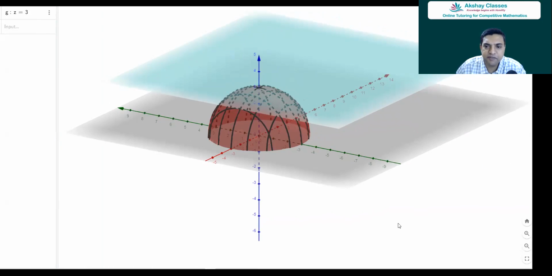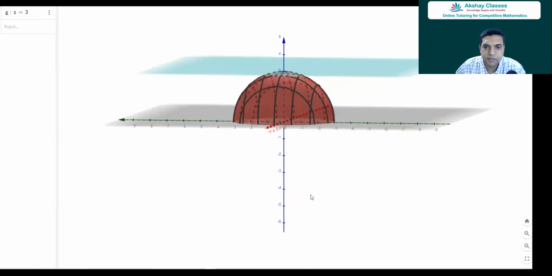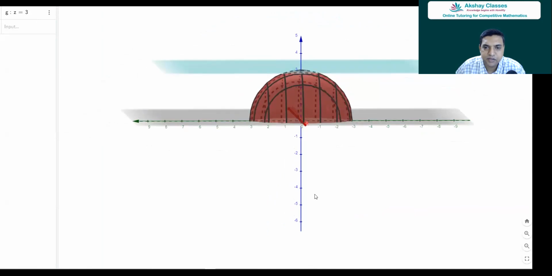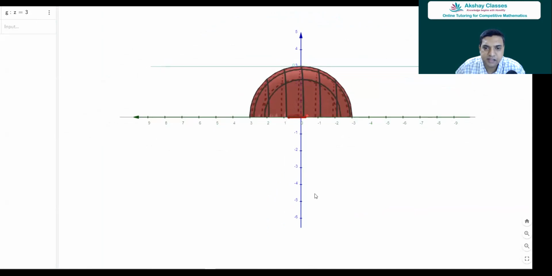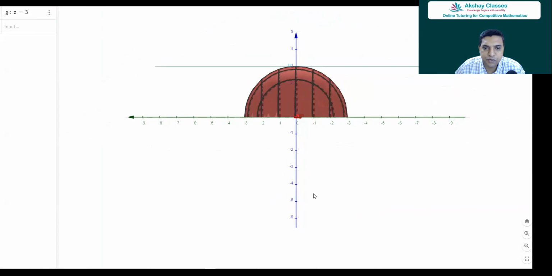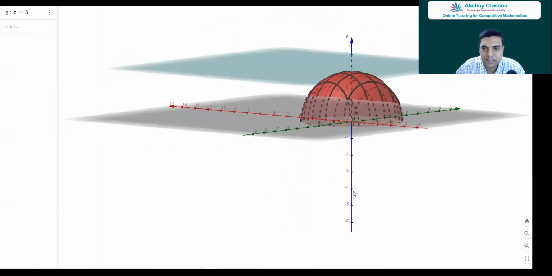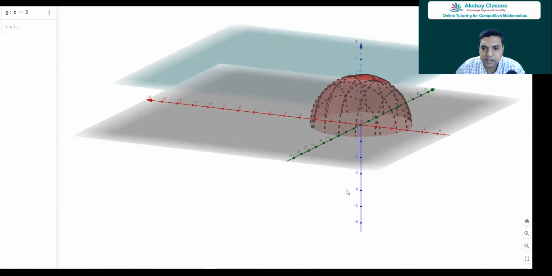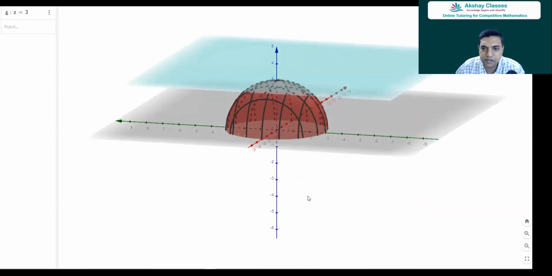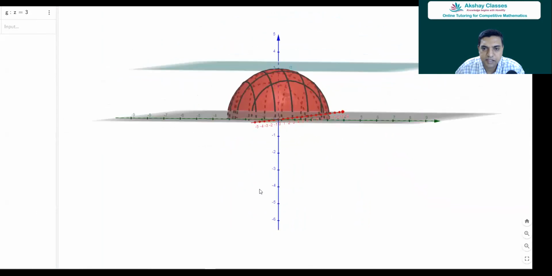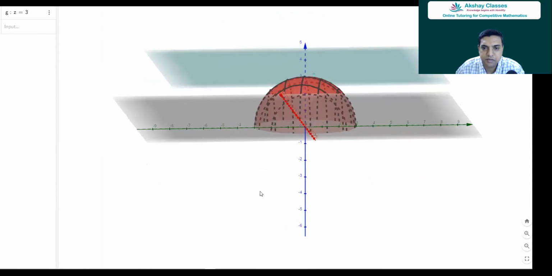It's a 3D function. So I'm just orienting. Now if I see parallel to, this is the XZ plane that I'm watching.